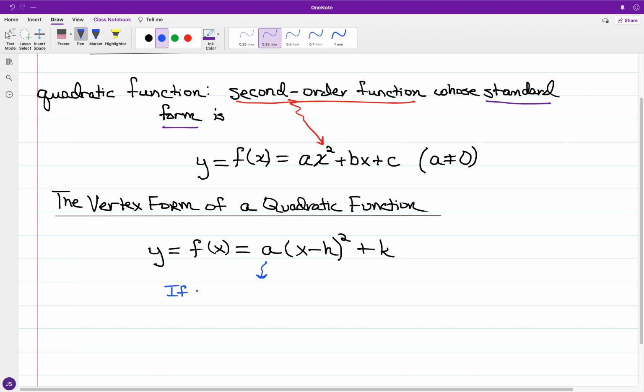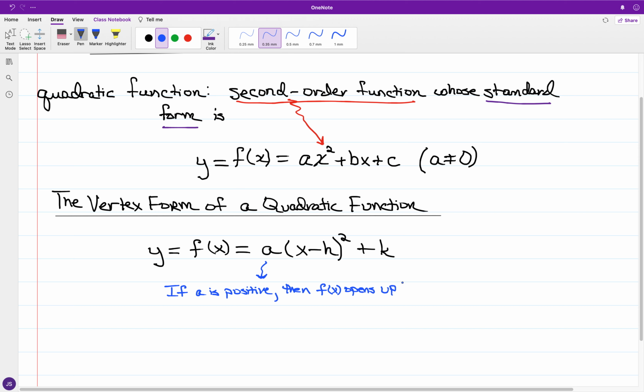And if a is positive, then the graph of f of x is going to open upward. It's going to open up.